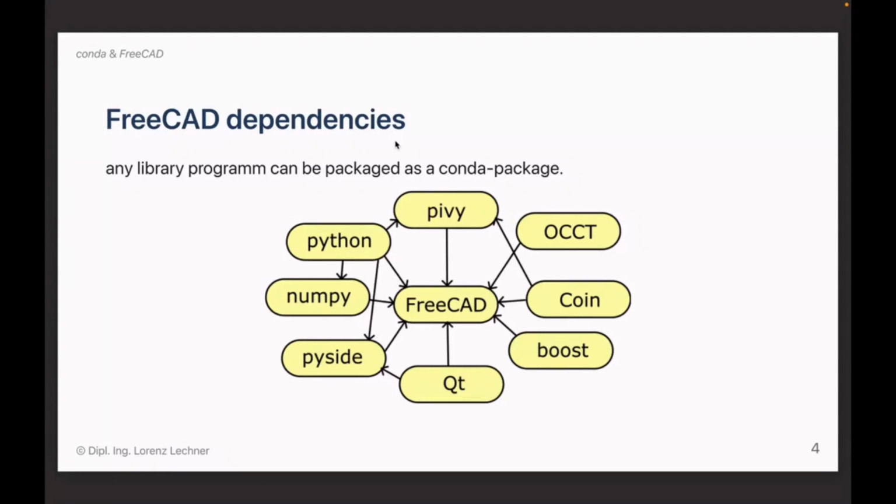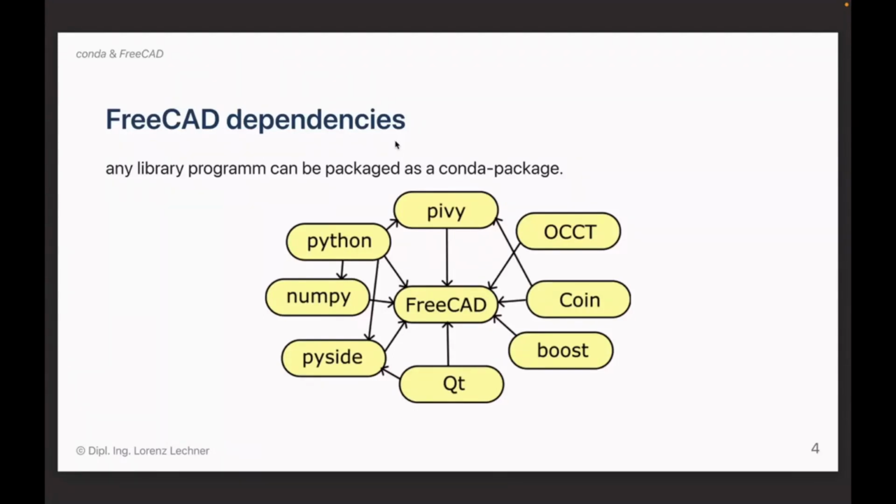So we have FreeCAD in the middle, and FreeCAD depends on different packages. Any library or program can be packaged as a conda package. So we can see these dependencies also as packages.